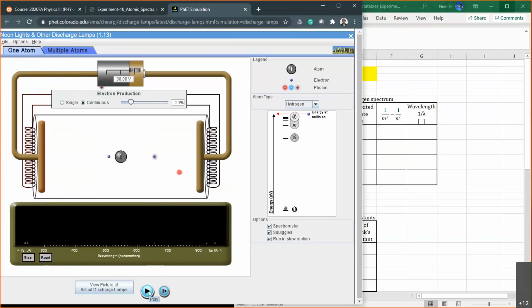Okay. Now let's let it run. 2 to 1, nothing. When it goes 3 to 1, also nothing. It's in the UV range. When you go 4 to 1, nothing. 2 to 1, nothing.